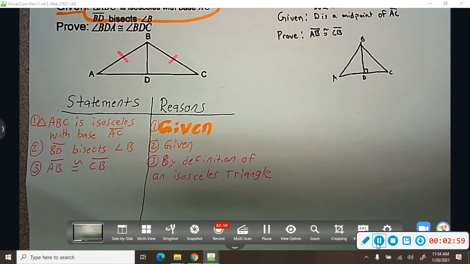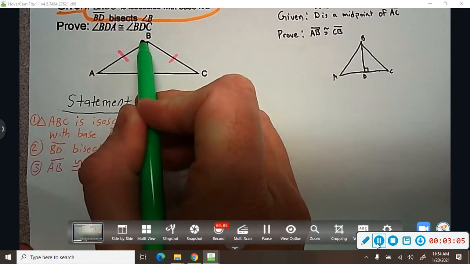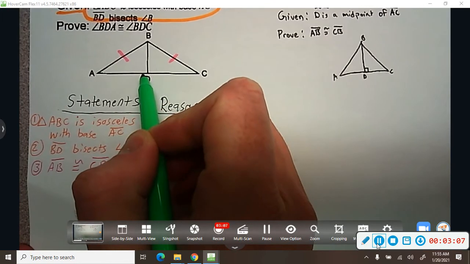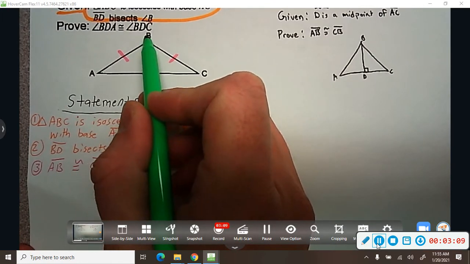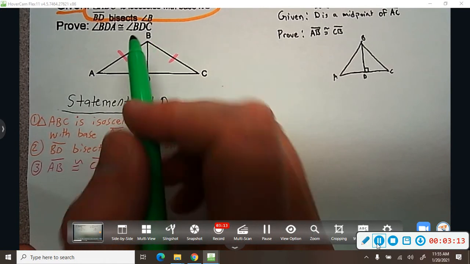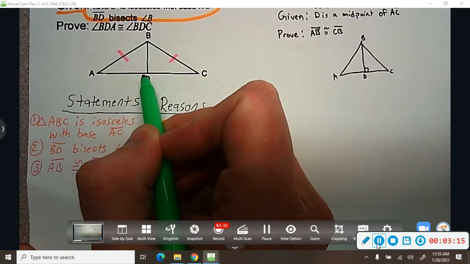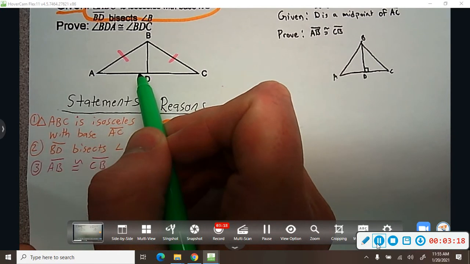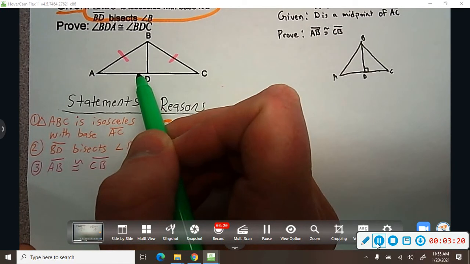The next thing I see from the given is that the segment BD, that would be this segment right here, bisects angle B. Well, here's angle B. And so what does it mean to bisect? Bisect means cut in half. So they're saying that BD cuts this angle in half. Well, if you cut something in half, then it's going to be congruent.